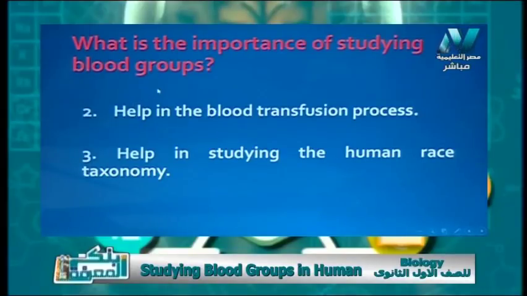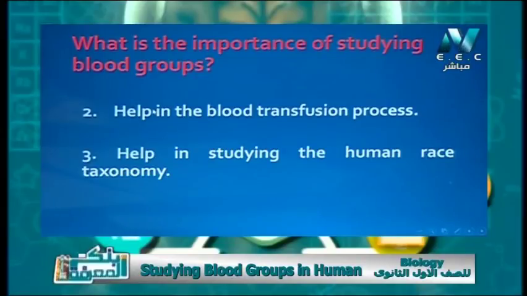Also, studying blood groups helps us in the blood transfusion process. We cannot give a person blood of a different blood group, because there could be antibodies against the incoming blood, and the person could die.